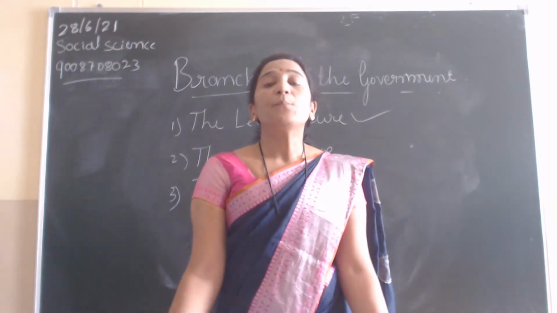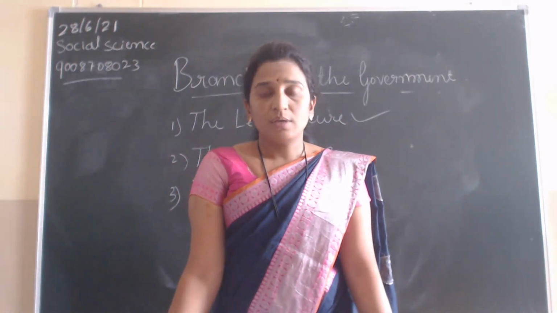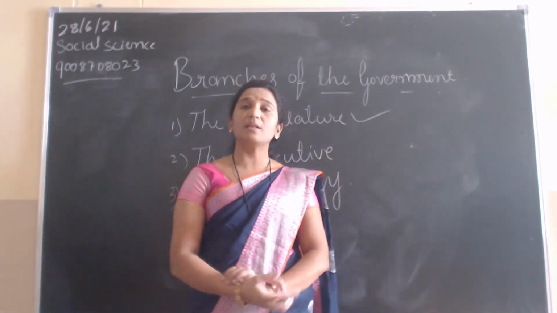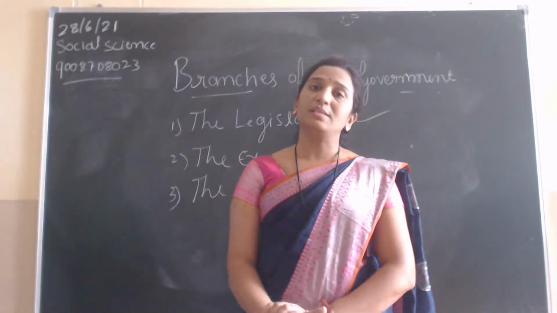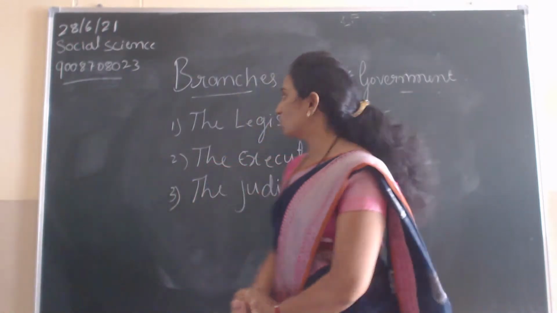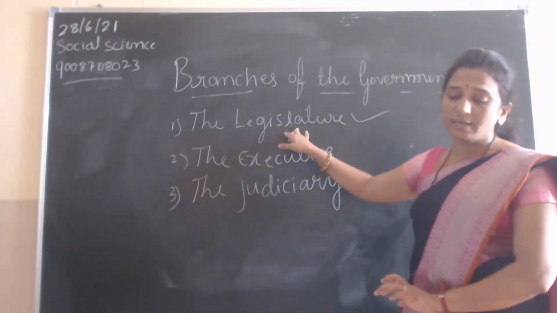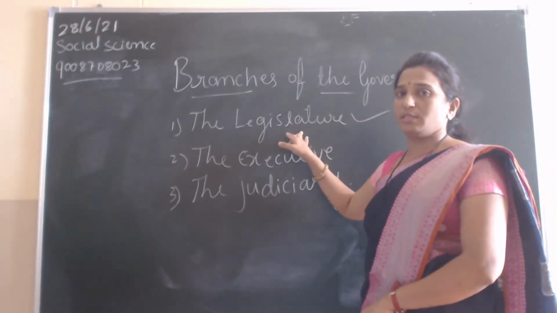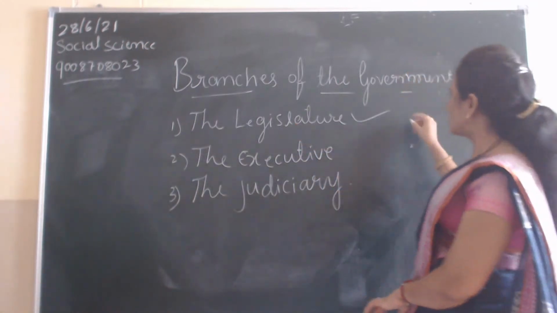It is making laws. It is responsible for making the laws and forming policies. What is its work? It will take the responsibility of making the laws and forming policies.